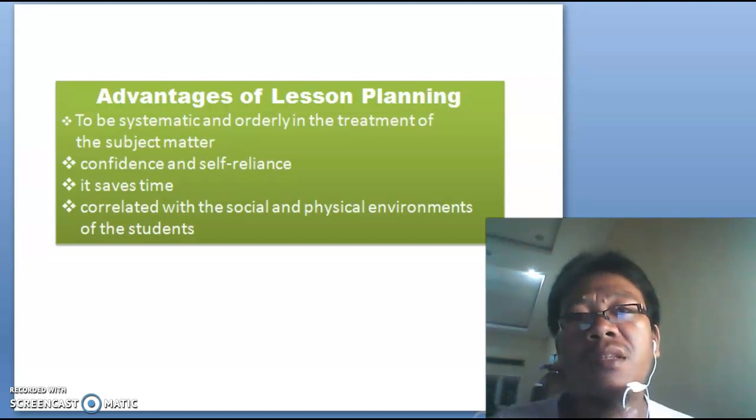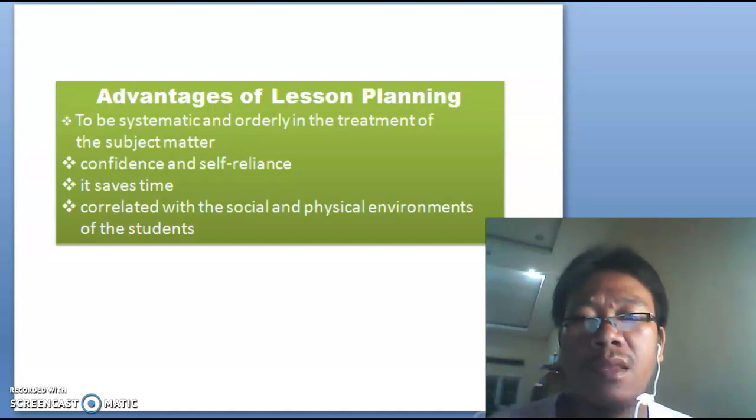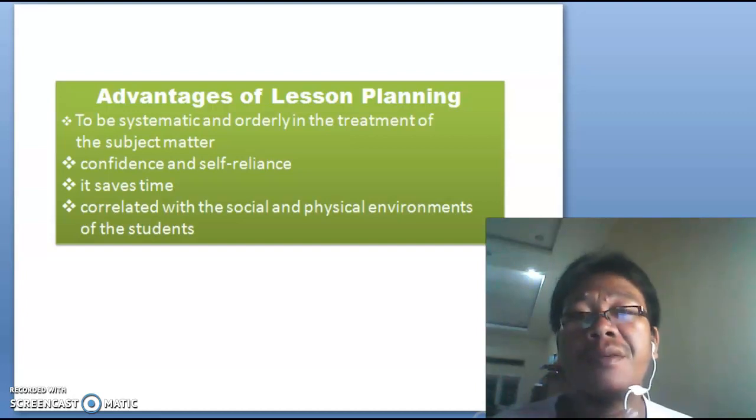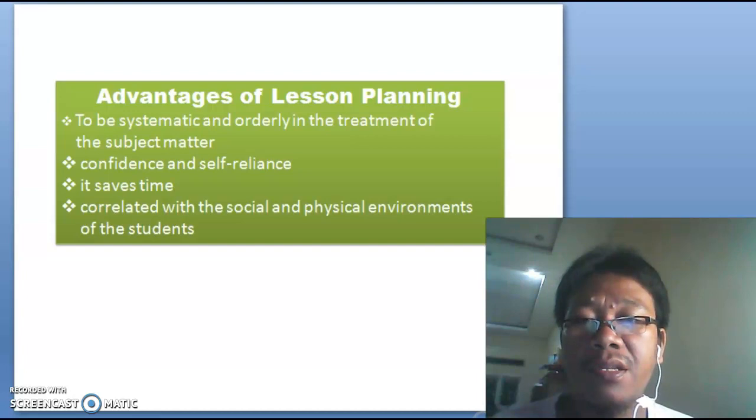Systematically here means that our teaching process is based on the first and the second procedure. Based on the procedure. See? And then treatment, it is the teaching and learning process here.